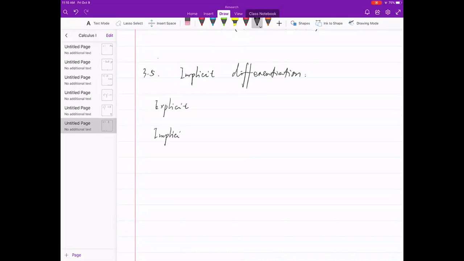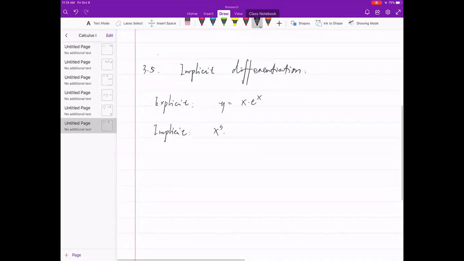You have everything in your notes. Just a quick reminder, to give you some examples. This is explicit: y equals a function of x. Oh, this is implicit, where y is technically a function of x, but there's no way you can write it in a nice format like this. You cannot solve for y from this.